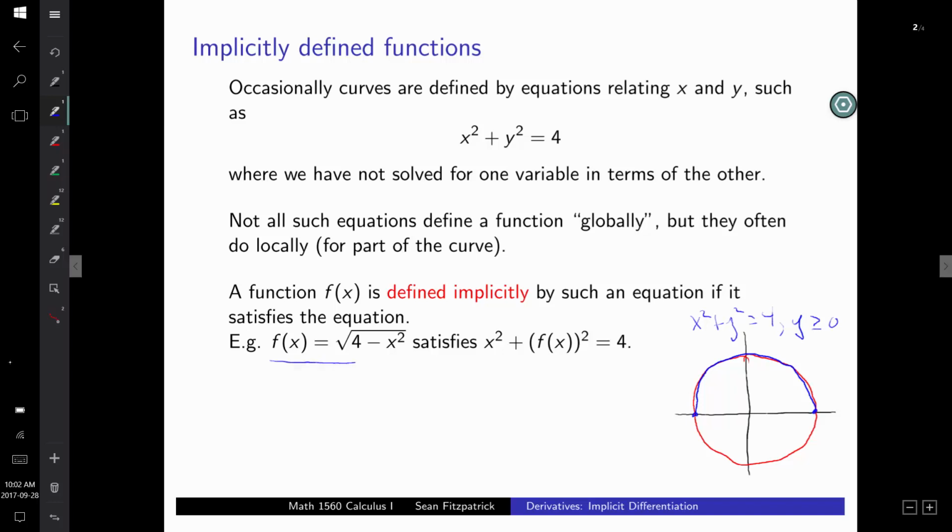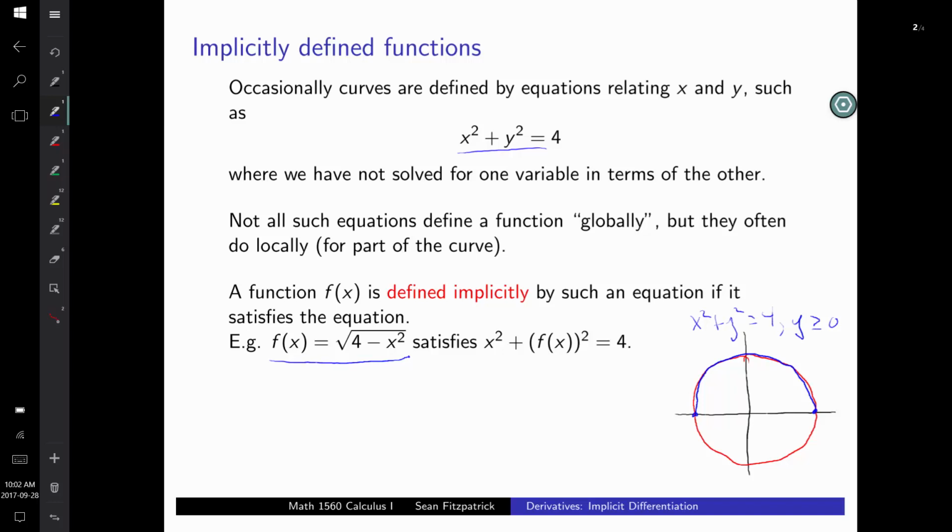I get this function here, the square root of 4 minus x squared. So sometimes by taking just part of the curve defined by an equation like this, I can define a function. This is what we mean by an implicitly defined function.